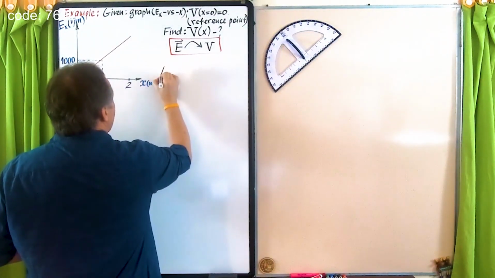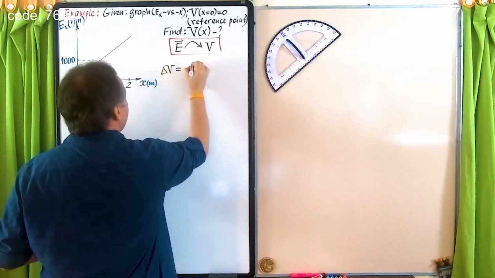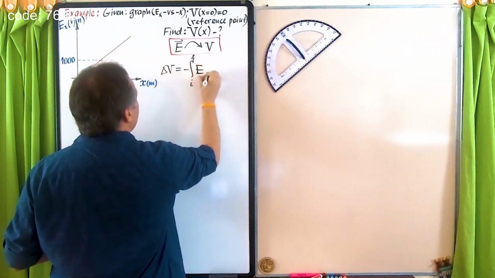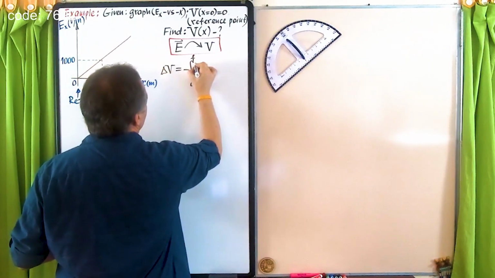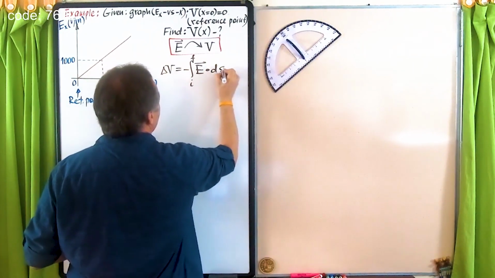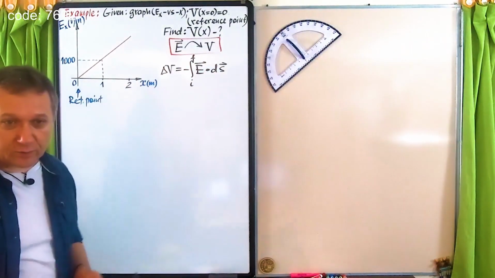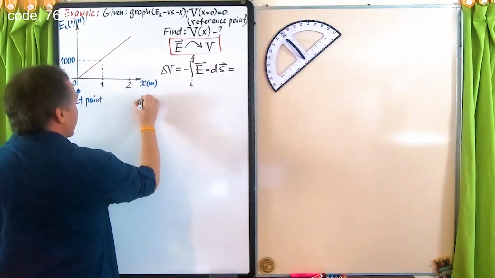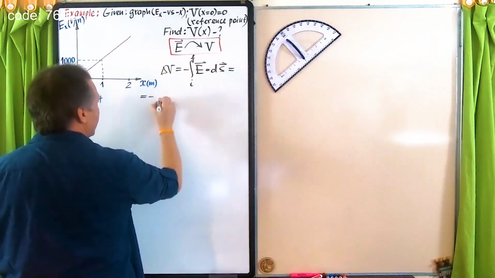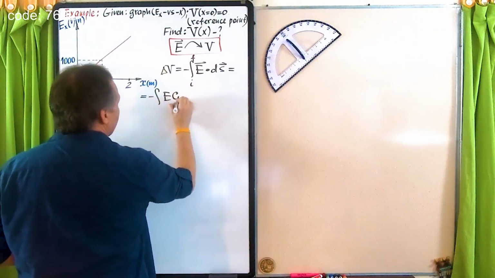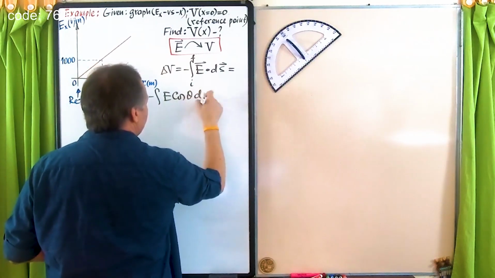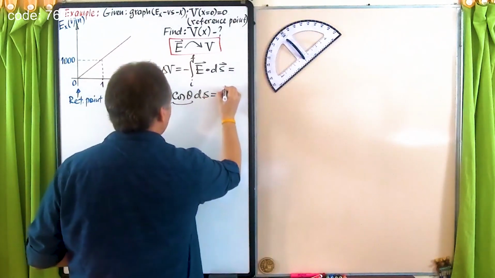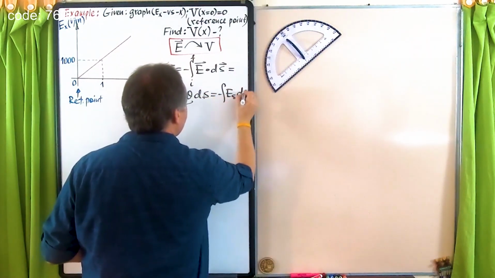So which formula? Of course, delta V equals minus integral from the initial point to the final point of E dot ds, right, in general, that's what we derived. And now, as I wrote in my slides, we can write it as E cosine theta ds, and of course this is Es ds. I'm still not solving the problem, Es ds.